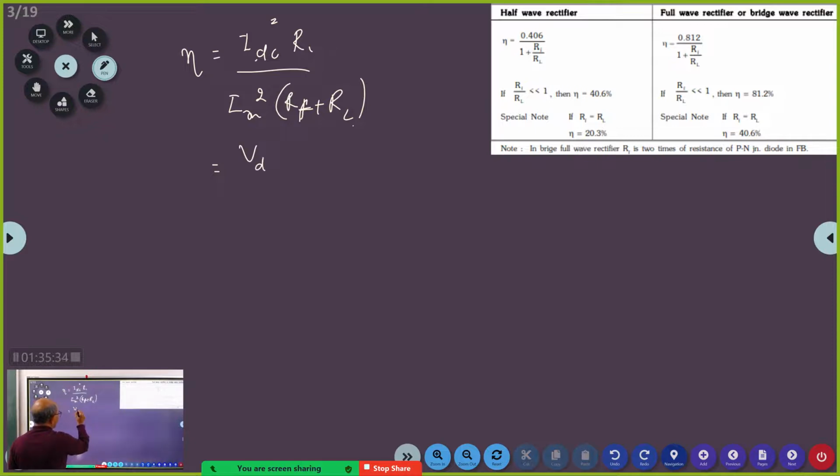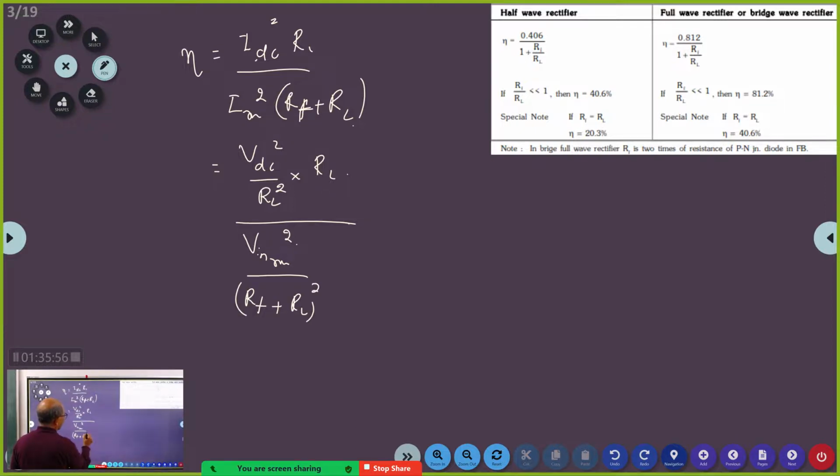IDC square is VDC square by RL square into RL. What is IRMS square? It is V in RMS square divided by (RF plus RL) square into (RF plus RL).